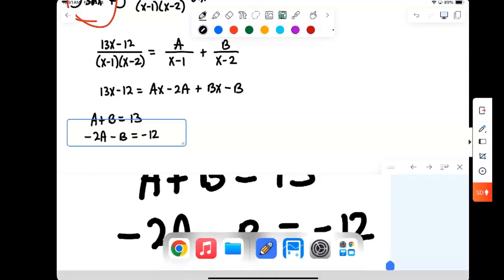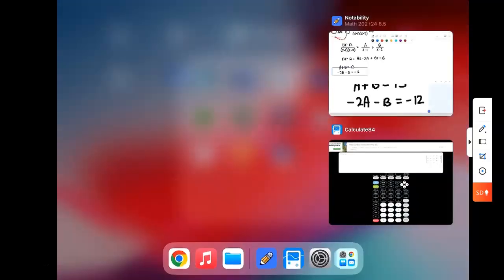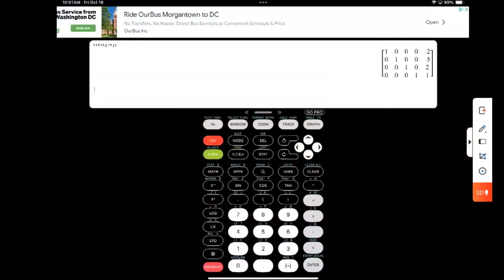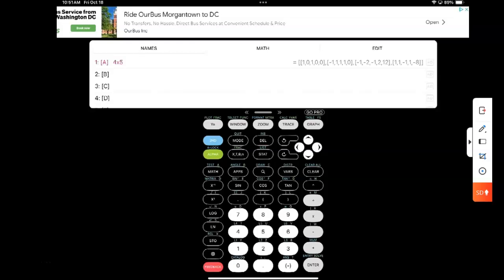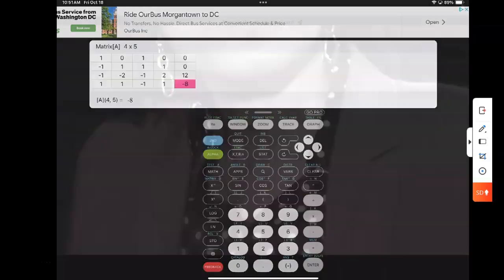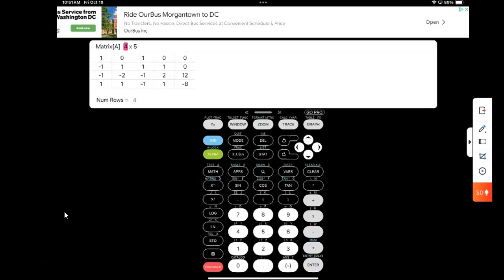So I'm just going to go into my graphing calculator here and go to my matrix. I'm going to edit matrix A. This is 2 equations, 3 columns. So we would put in 1, 1, and 13, and minus 2, minus 1, and negative 12. And then we just quit.